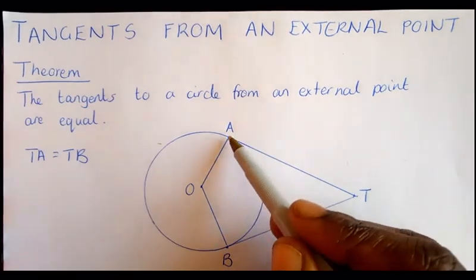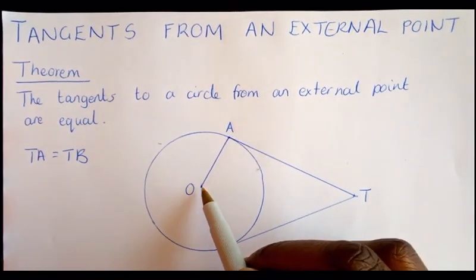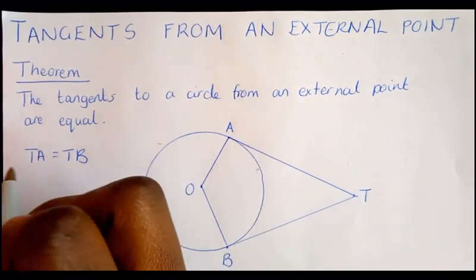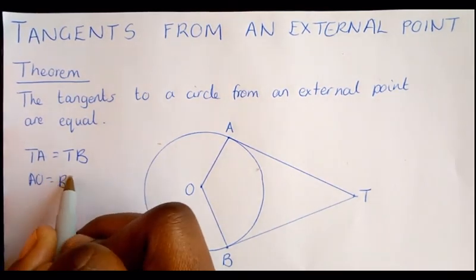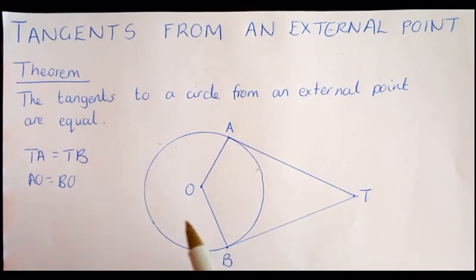And we know that AO is a radius, BO is a radius. So AO is equal to BO since both are radii.